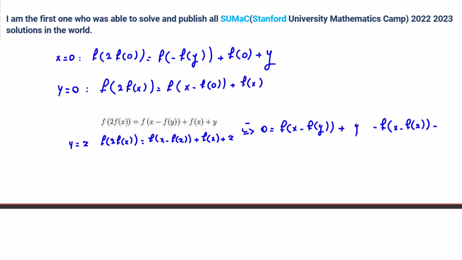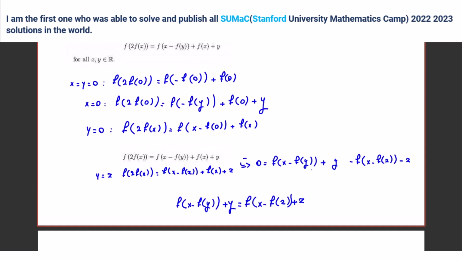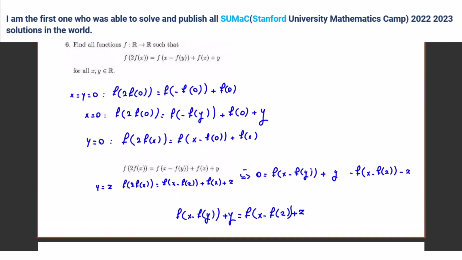Y here and z here. So we can say f of x minus f of y plus y is equal to f of x minus f of z plus z, right? Yeah, but y is equal to z, so it simplifies more.